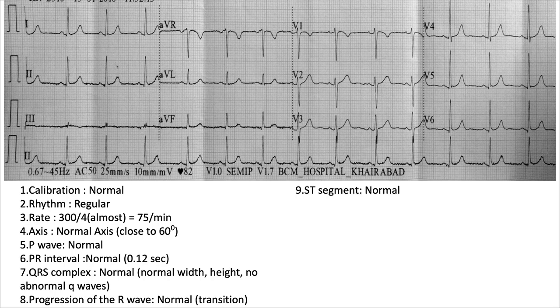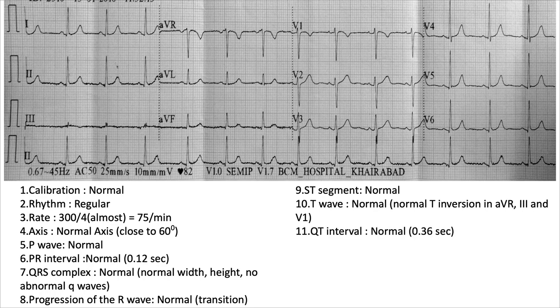The ST segment is normal. There's no significant ST elevation or depression. The T wave is normal. We see some normal T inversion in aVR, lead 3 and V1. As I said, these could be normal T inversions because these are leads where you can normally have negative or inverted T waves.